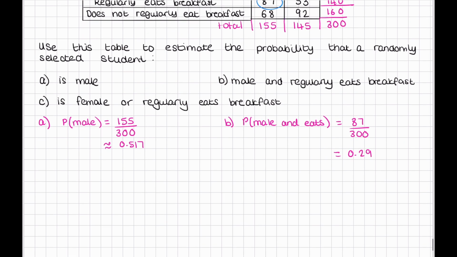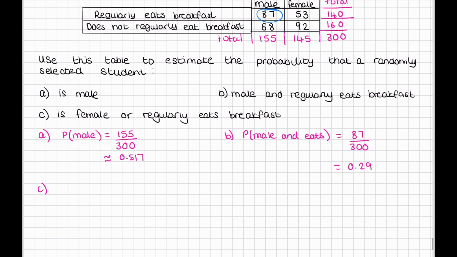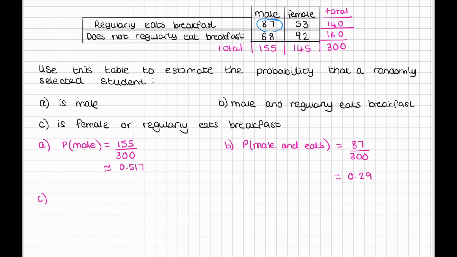And the last one is female or regularly eats breakfast. Now what we want is female or regularly eats breakfast. So in our table, this will be the 3 that I've just circled in purple. So even though the 87 is male, because in the question it is an or, it means they don't have to be female. It's just including the regular eats breakfast or female. So these are the 3 that correspond to that in our table.